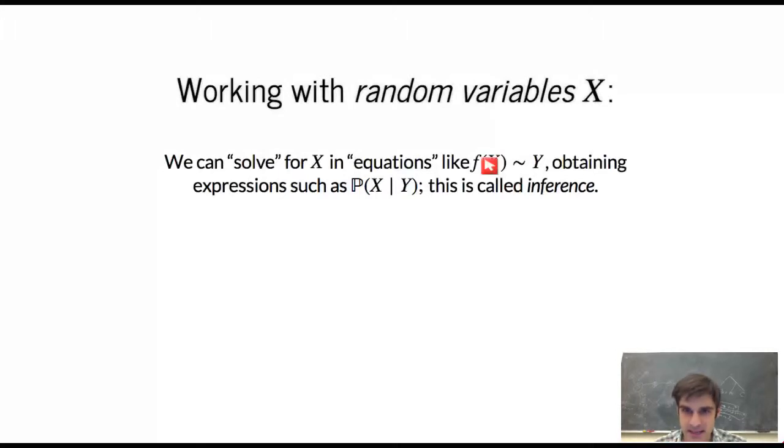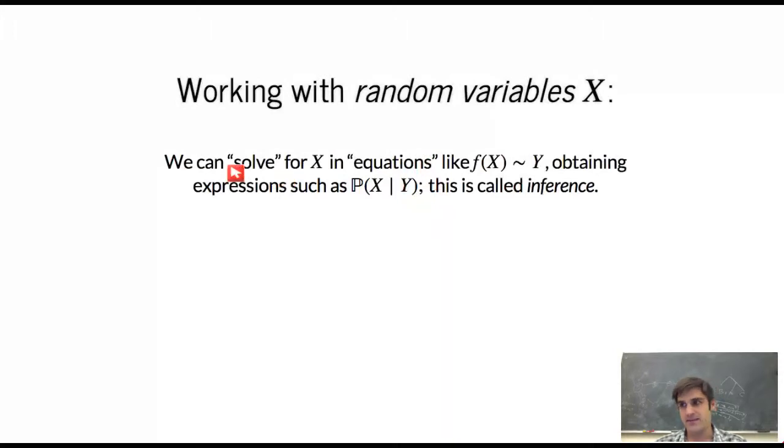This equation says this function of x is distributed according to y, obtaining expressions such as this probability of x given y. For historical reasons, I would argue, this isn't called solving this equation, it's called inference. The mathematicians had a certain set of things that they thought were math, and then when this sort of equation came along, they said, that's not math. So now this sort of thing happens in statistics departments.